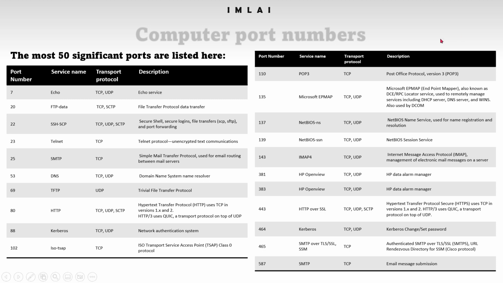This service runs at port number 135 with the transport protocols TCP and UDP. Then we have NetBIOS NS, the NetBIOS name service, used for name registration and resolution. It uses port number 137 and transport protocols TCP and UDP.